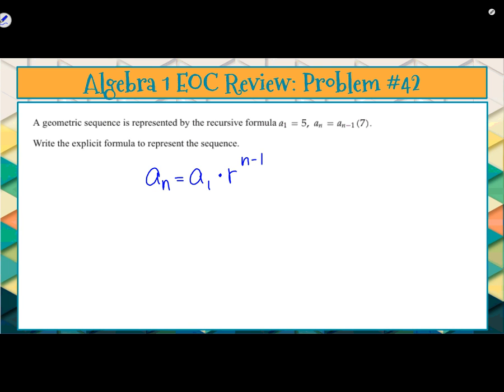Well, you're going to get them from the recursive form. Here's a sub 1, here's r. That's it. You just need to pull them into the right form. So a sub n equals 5 times 7 to the n minus 1. You're done. So again, personal fan of things that look terrifying, but actually aren't that bad.